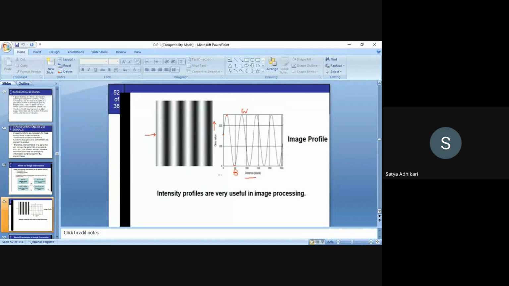It is a graphical representation of the intensity value or gray level value of each pixel, and this graphical representation of an image is known as image profile or intensity profile, and it is very useful in image processing.